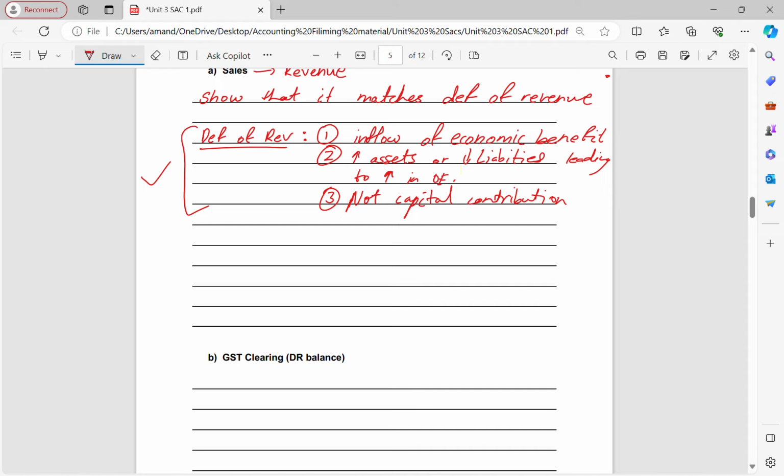Okay, but this is not enough. Knowing this is good, but you need to link this to sales. So I'm not going to write this out fully, but you should get an idea.